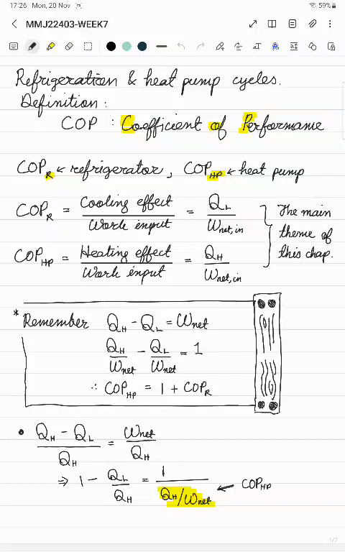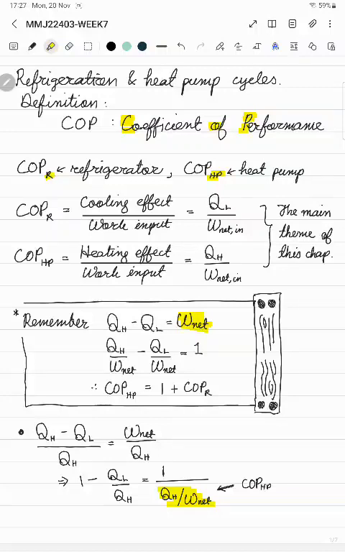Now if you look at the definition again, you have Q_H minus Q_L, which is equivalent to the work being used in the cycle. This W_net is the work input of the cycle.